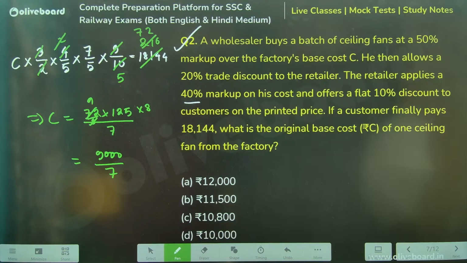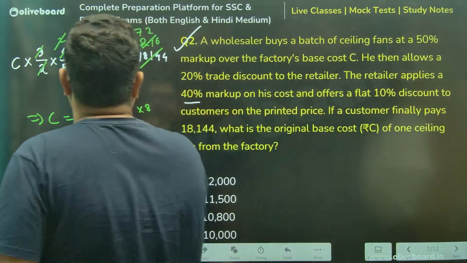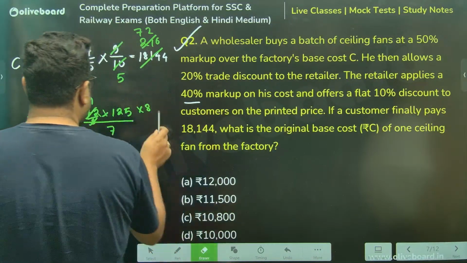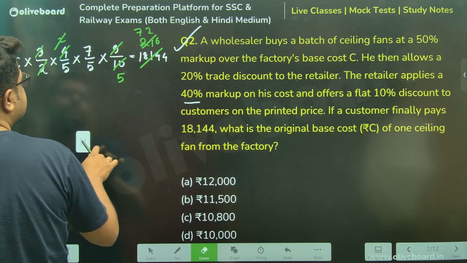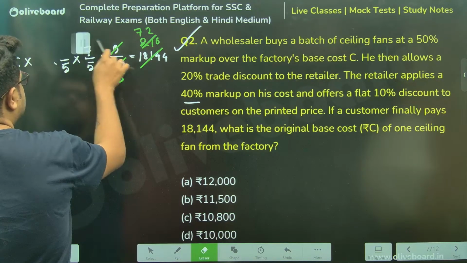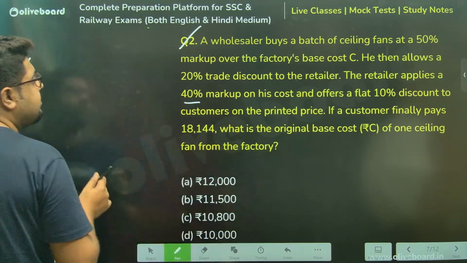Where am I making a mistake? Somewhere I'm making a mistake. Ruko na, one second. Let me do the calculation once more, na, because the question is exactly similar. I guess some calculation mistake somewhere we have made.